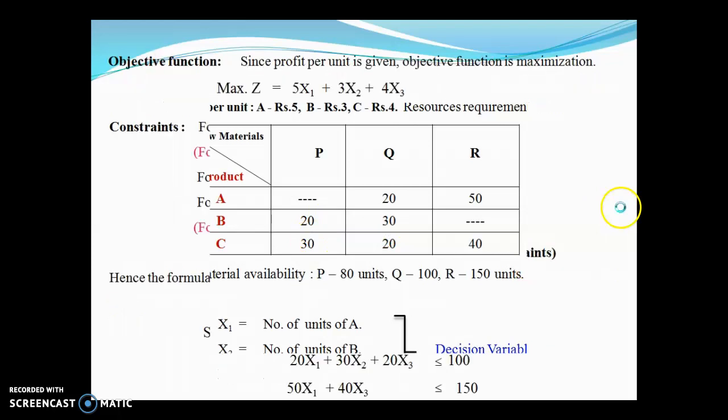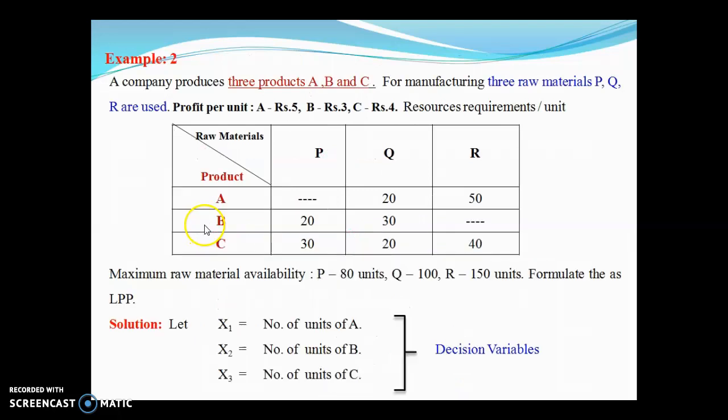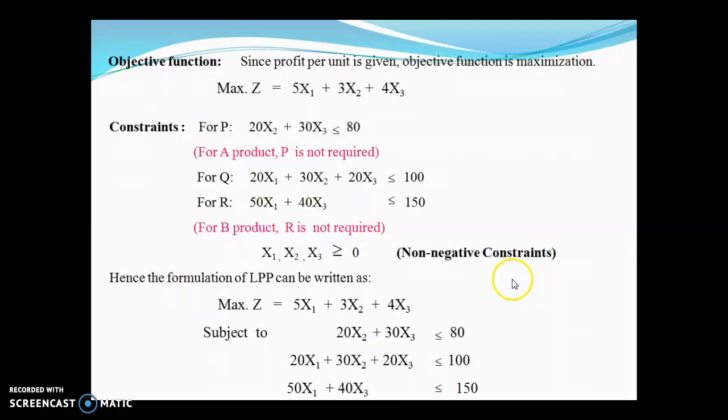Similarly, we can write the third constraint, 50x1 plus 40x3 less than or equal to 150. In our problem, no raw material requirement is given for R in product B, so it is not necessary here.